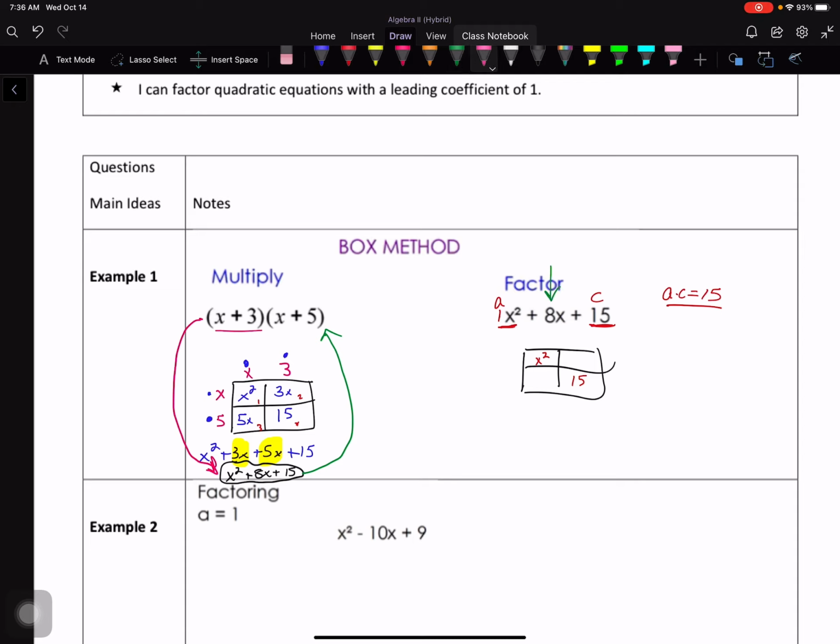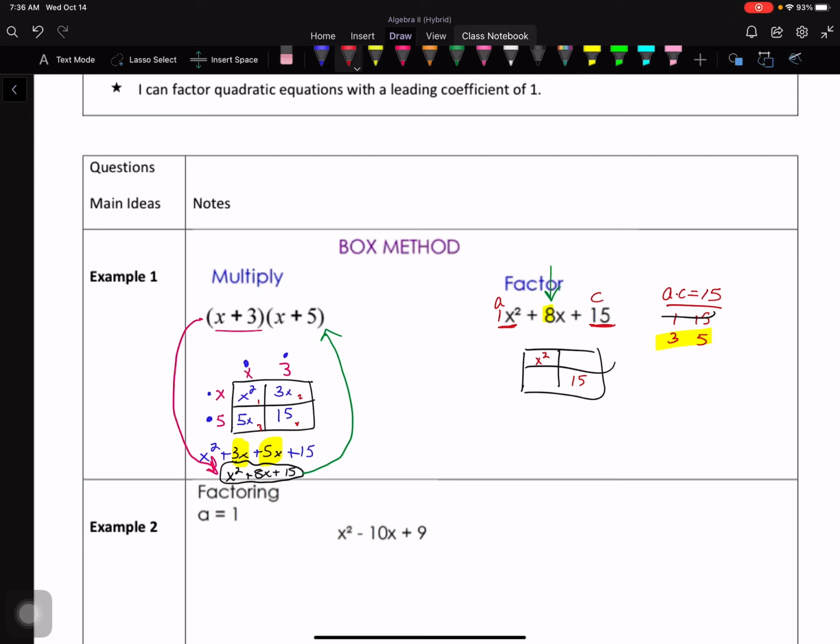If you don't know, you could just list all the factor pairs of 15: 1 times 15, 3 times 5, and that's it. Looking at these factor pairs, 1 plus 15 is not 8, so it can't be that one. Then 3 plus 5 gives us 8. So that's the factor pair, 3 and 5.